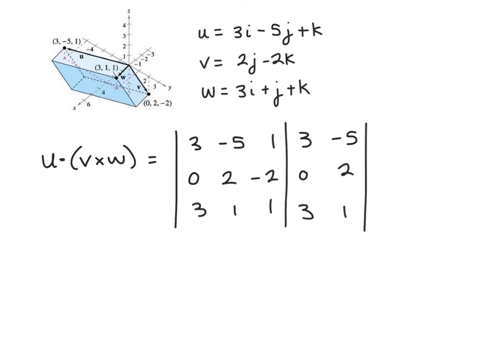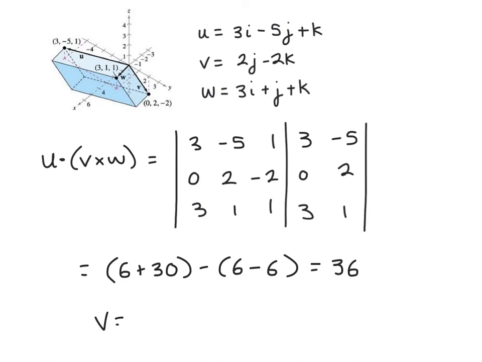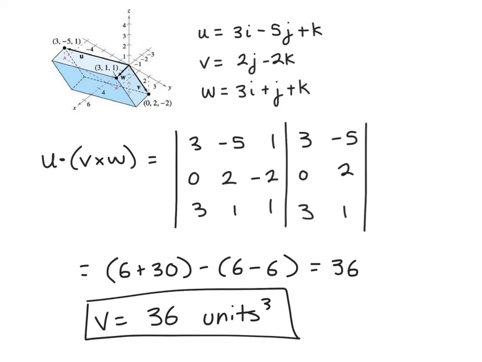So here, let's see, we have 6 plus 30 plus 0 minus 6 plus 0. So this gives us 36. From here, we know that the volume is the absolute value of that, which is just 36. And then we can say units cubed because it is volume. And that's all there is to this problem.